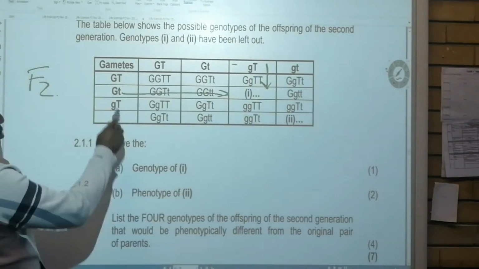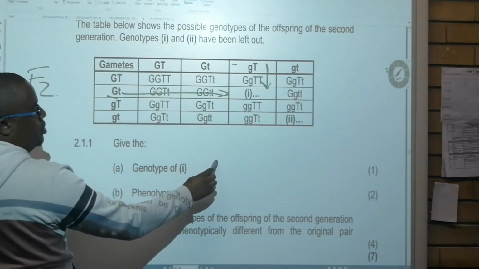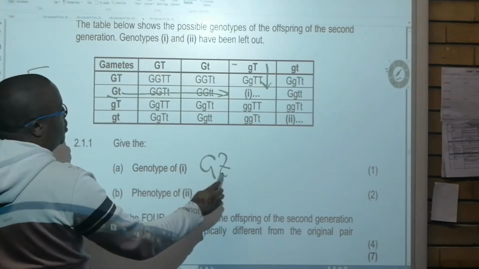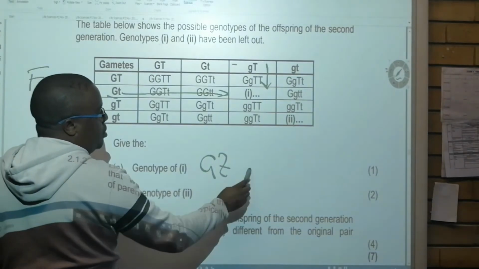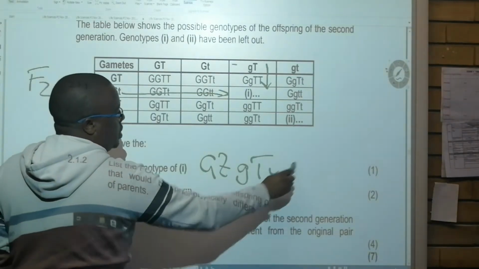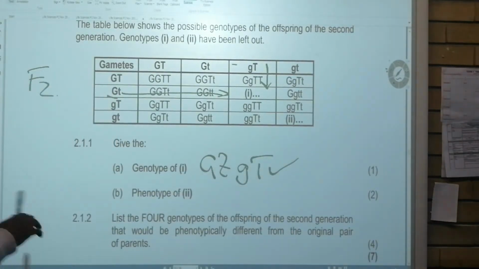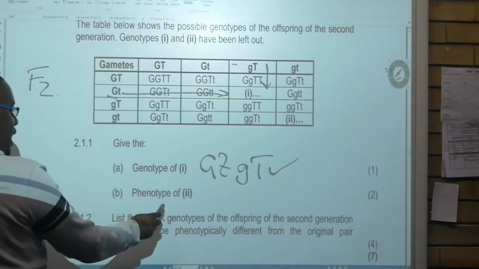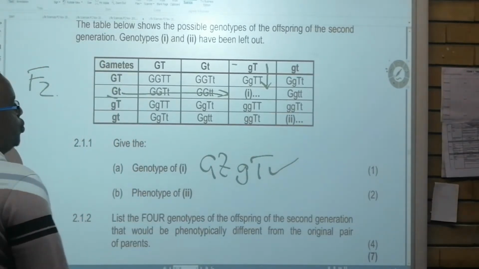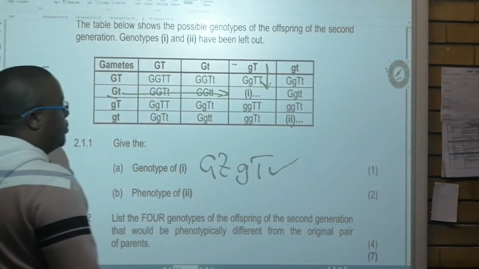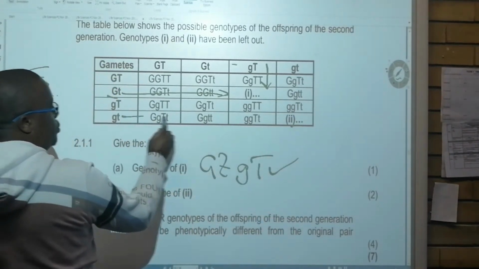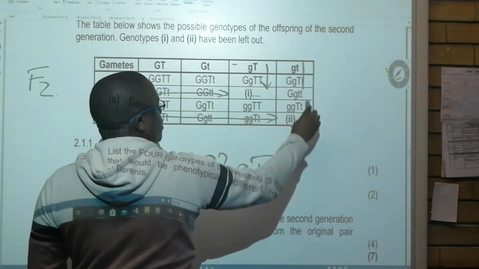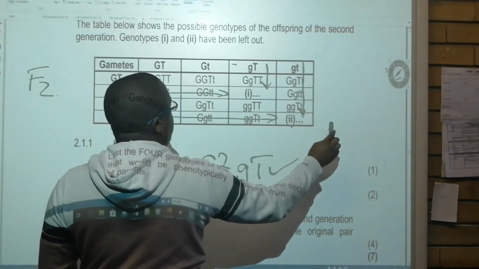So what does it become? Cross with that one. Write it any other way, the answer is wrong. Give the phenotype of 2. This goes there, and this one comes down. What do we get?